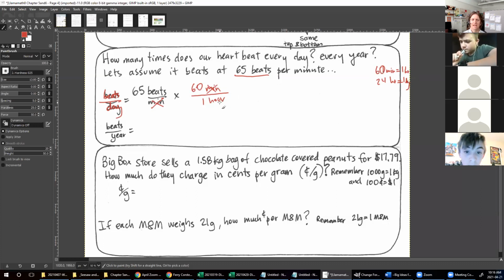But I want to figure out per day, so I'm going to do one more calculation. Because hour is on the bottom, I want hour on the top here. Oh, 24 hours is the same thing as 1 day. These units cancel out, hours and hours cancel.